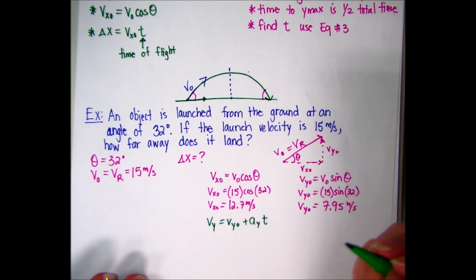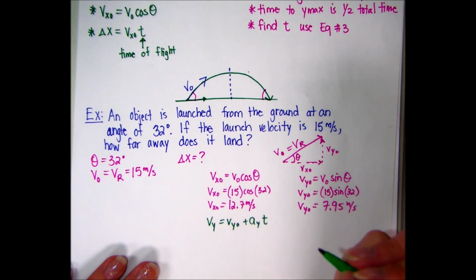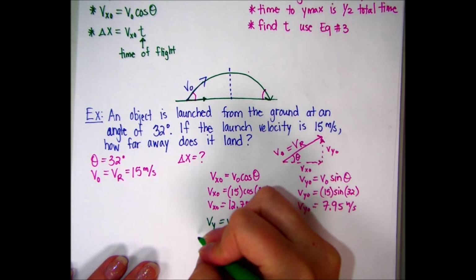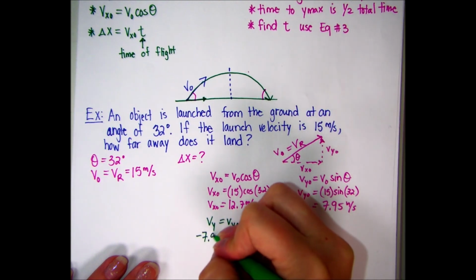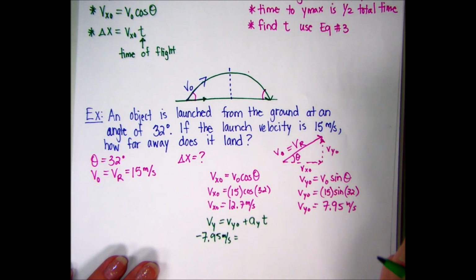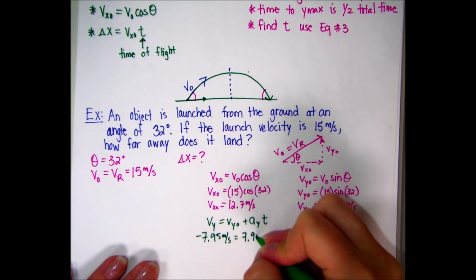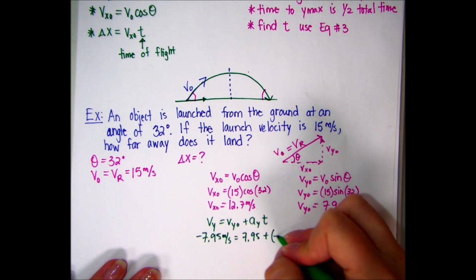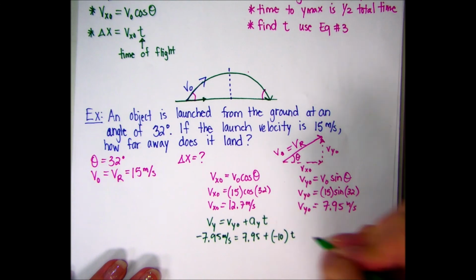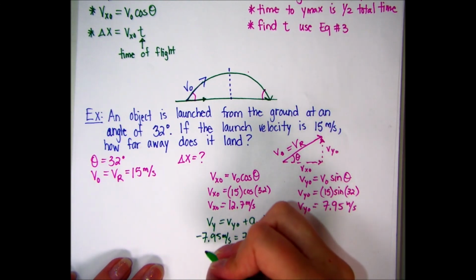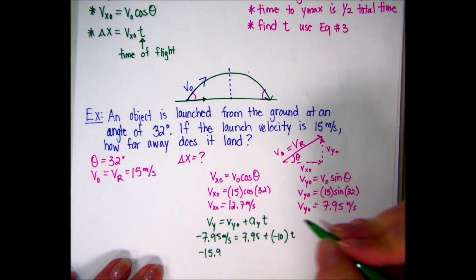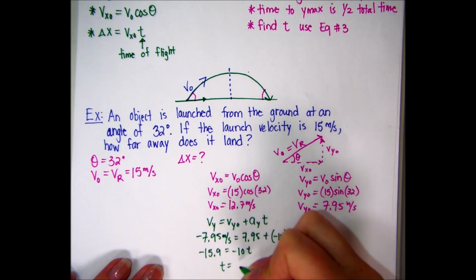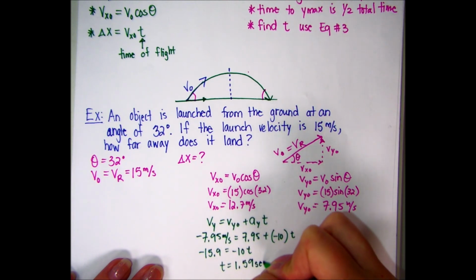I like to use my properties of a vertical launch and say, well, if my launch velocity was 7.95 on the way up, I know it's going to land with a negative 7.95 meters per second once it reaches the ground. Launch velocity and landing velocity are equal in magnitude but opposite in direction. So combine, divide.